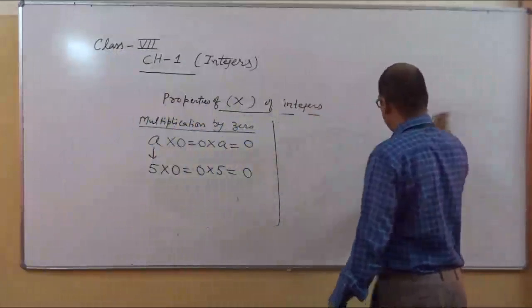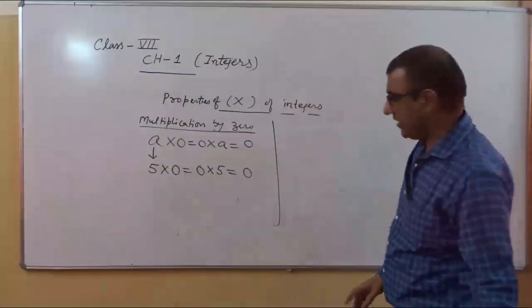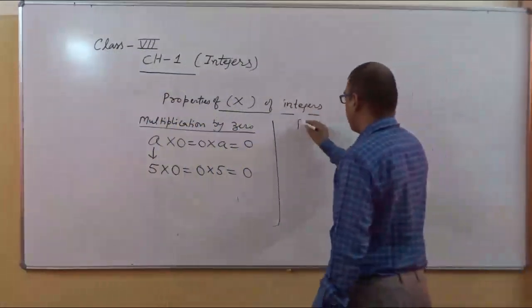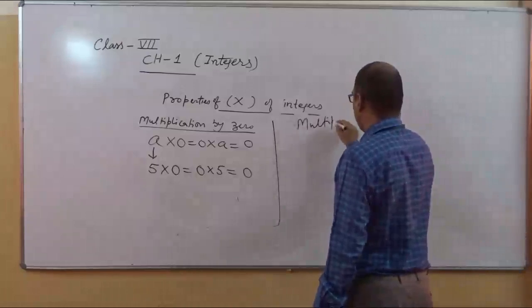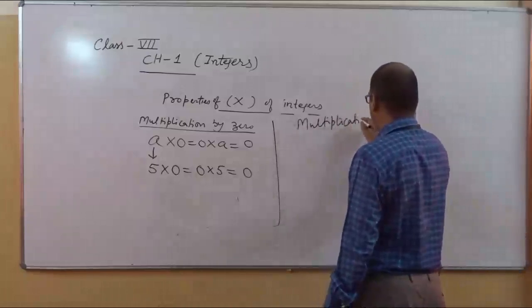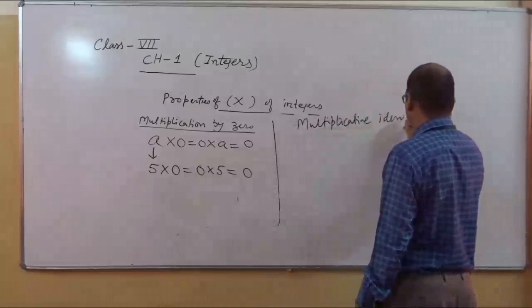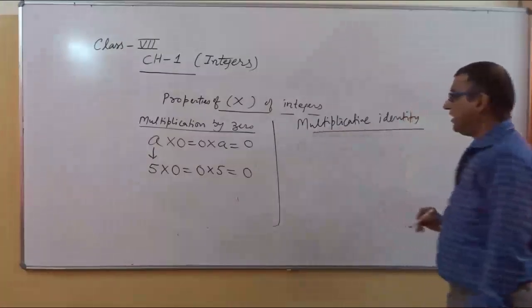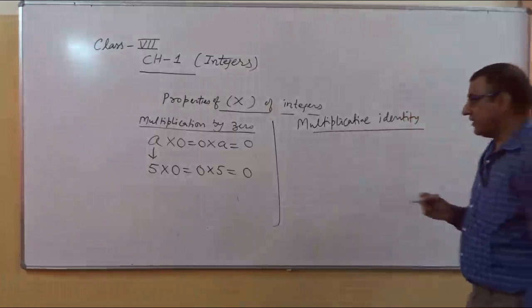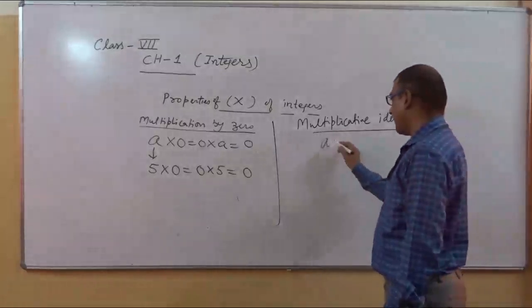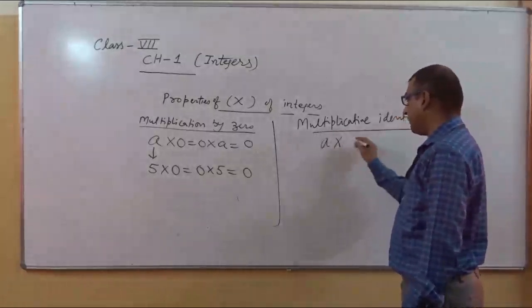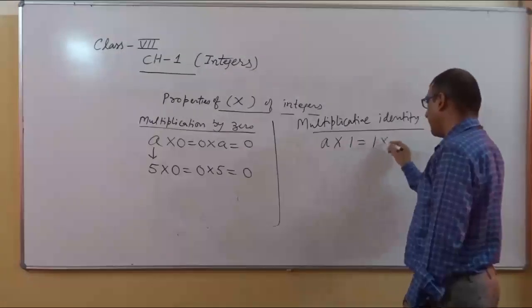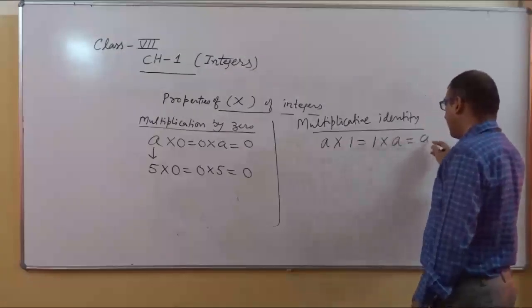After this, the next concept is multiplicative identity. We can say one is the multiplicative identity for integers. For example, if I am taking one integer a and I multiply by 1, or 1 multiplied by a, again we will get the same integer.